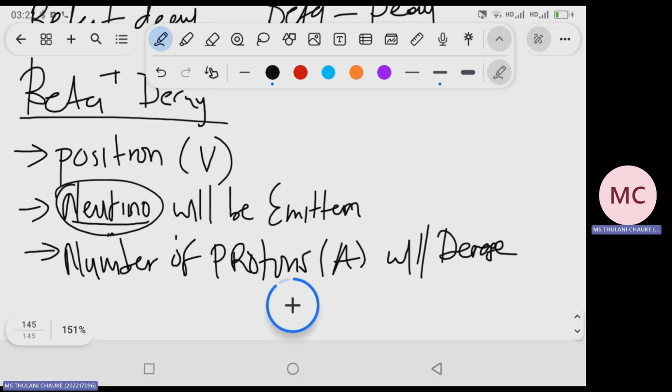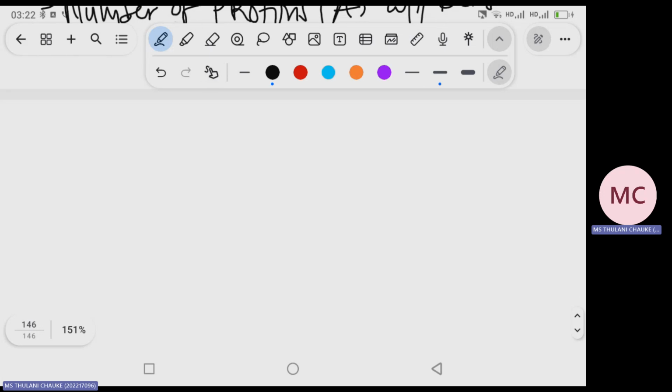So let's say you have a carbon with a mass number of 10. Its number of neutrons will be 4.